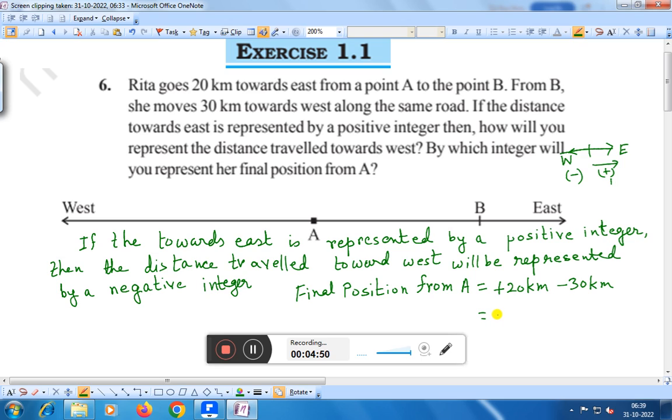That means we are getting minus 10 kilometer.